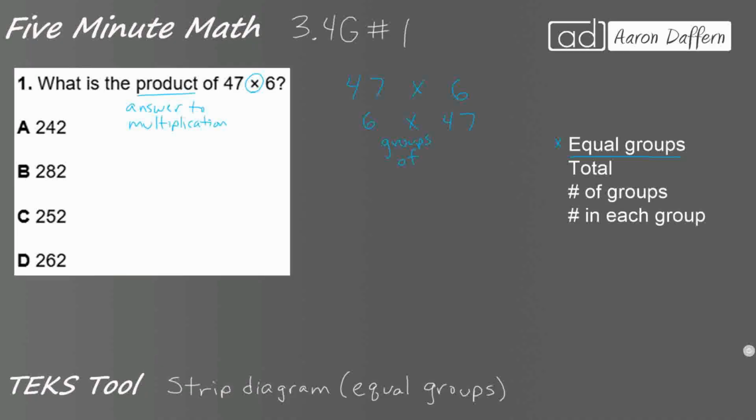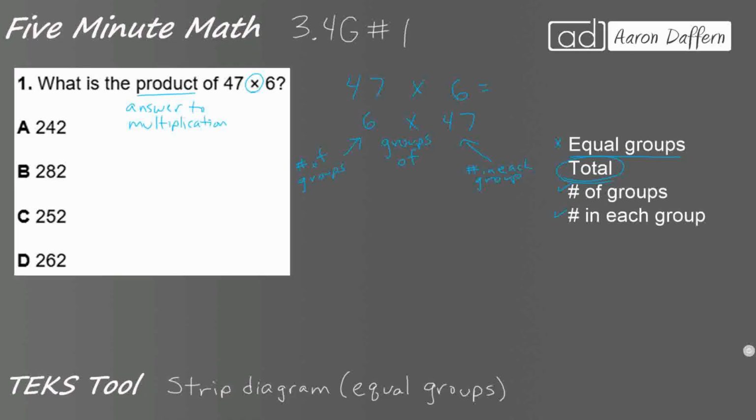Because if that's the case, then I can say that this right here is going to be my number of groups, and I can draw a strip diagram to represent this. And then this is going to be the number in each group. I could do it the other way. I don't really want to draw 47 groups of 6. That's a lot. And so we have those two. We're searching for the total.